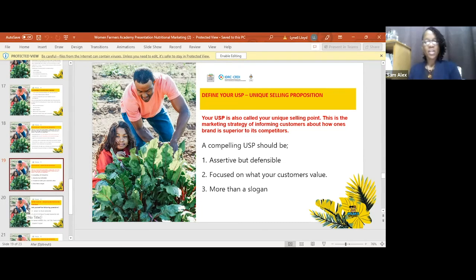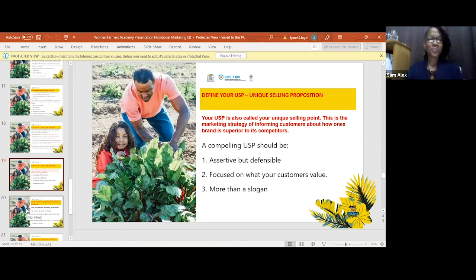The other one, focused on what your customers value. We made that point earlier. If your target customers do not truly care about your unique selling proposition, there isn't much that you are going to get from it. For example, there's a saying that a good salesman sells ice to the Eskimos. I've always laughed and chuckled at that saying, because in today's world, if you try to sell an Eskimo ice, your ice will melt before you make that sale.